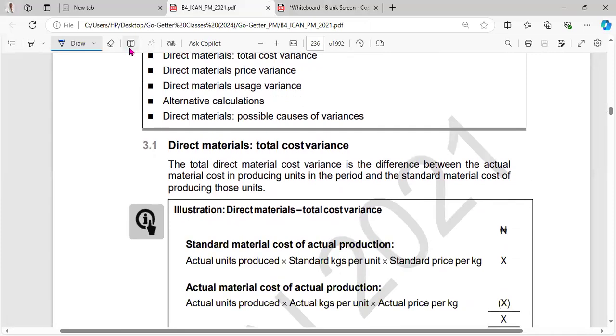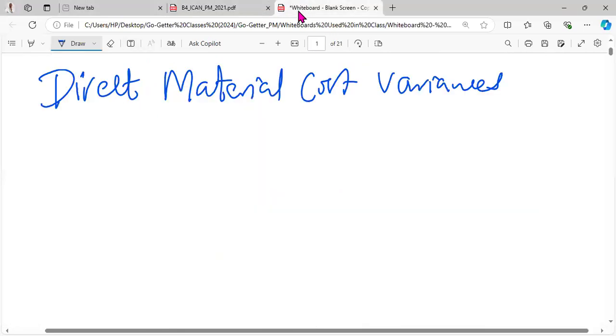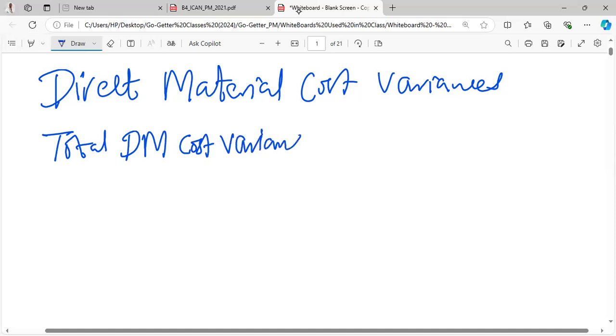So we are looking at the total cost variance. So we are saying this is total direct material cost variance. Now this is the formula.